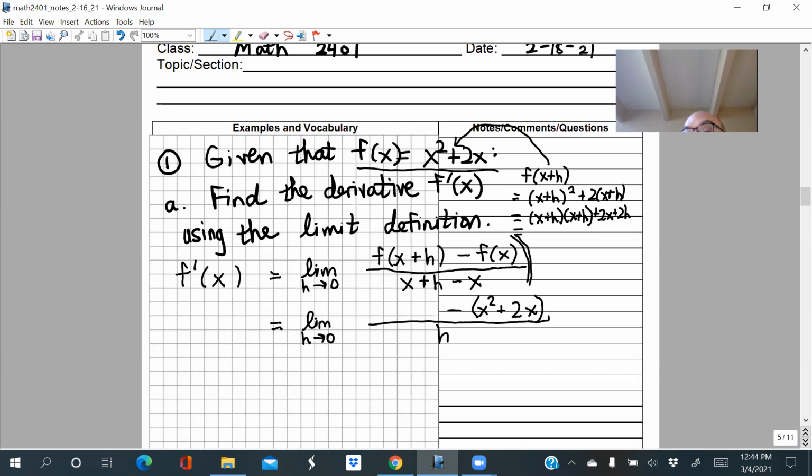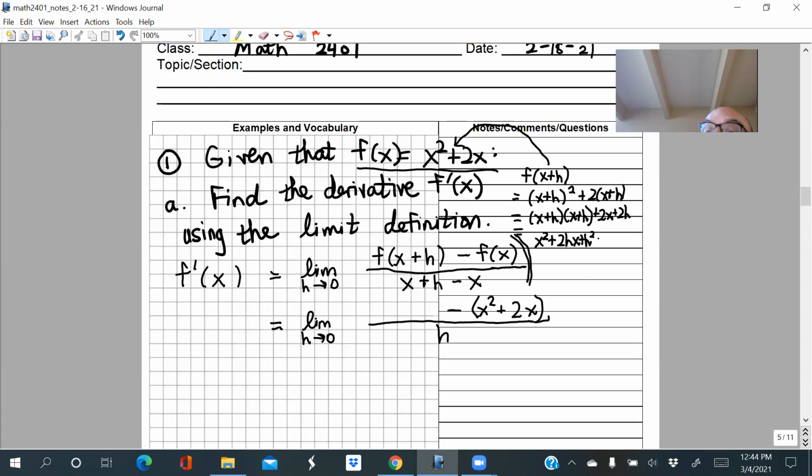Not leaving myself enough room here, but I think we can do this. All right, so now what's x plus h times x plus h? Well, that's not bad. We get x times x is x squared, and then you get x times h, and then you get h times x. So those are the same, so you end up with 2 h times x. I kind of skipped a step there. X times h is hx, and h times x is hx again. So add those together, and you get 2 of those. And then you have h times h is h squared.